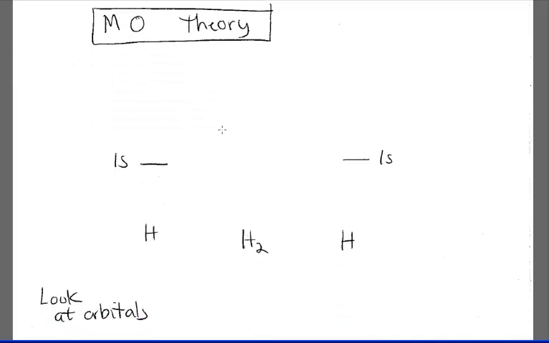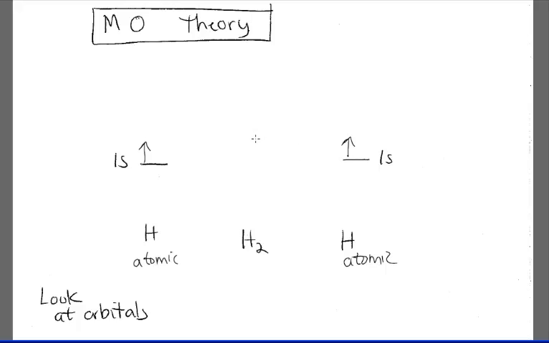All right, we'll start with 2 separate hydrogen atoms and form a hydrogen molecule. So we have atomic hydrogen here and atomic hydrogen on this side, and we can show their electron configurations pictorially. They each have 1 electron.